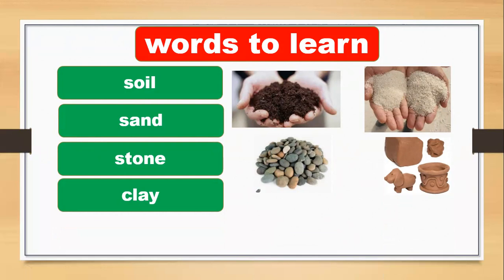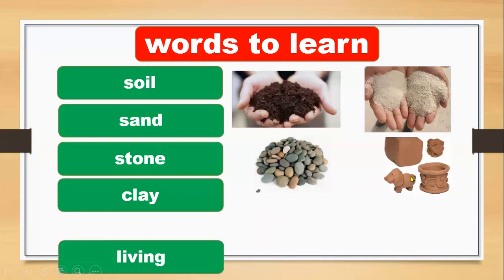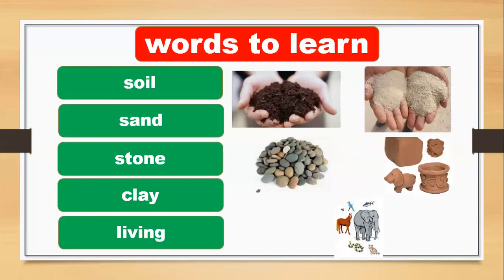It is like sand, but you call it clay. And living things like animals and humans, anything that can move, breathe, and grow, you call living things. So these are the important words you have to learn: soil, sand, stone, clay, living.